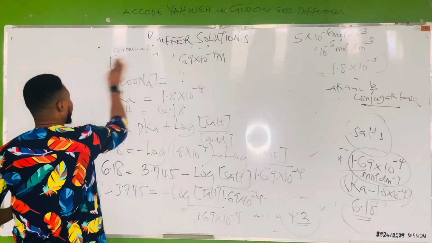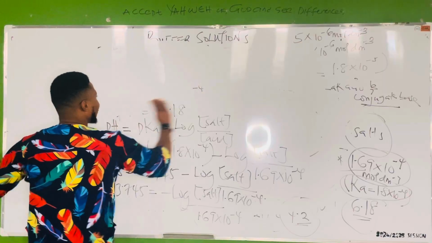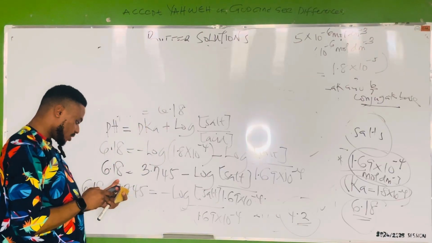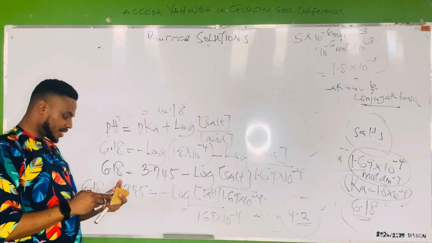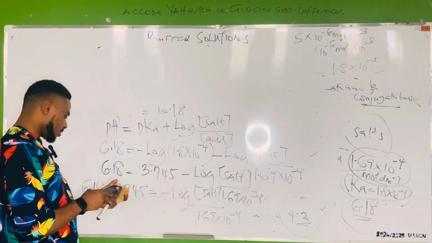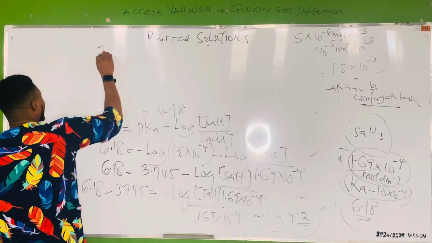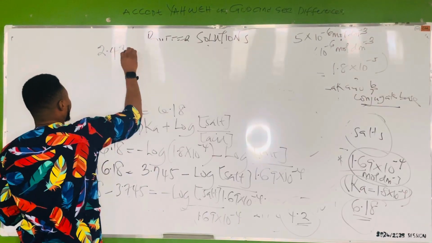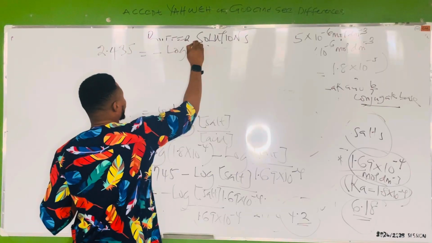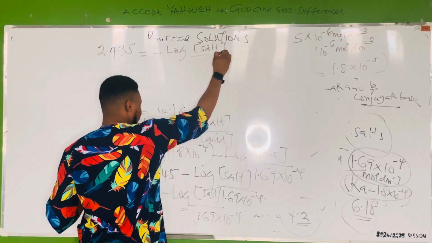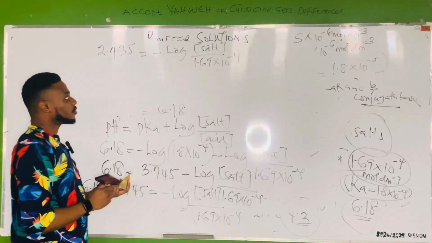Let us subtract 3.745 first of all from 6.18. So when we do that, we'll have 2.435. This one will now be equal to minus log of our salt divided by 1.69 times 10 raised to power minus 4.